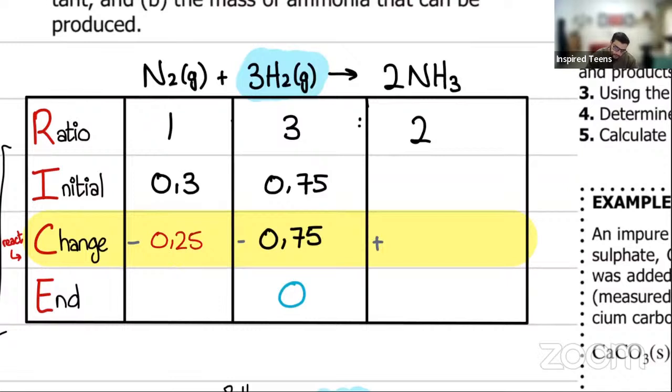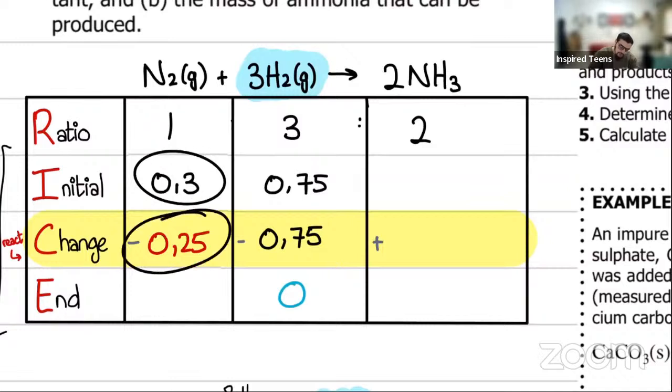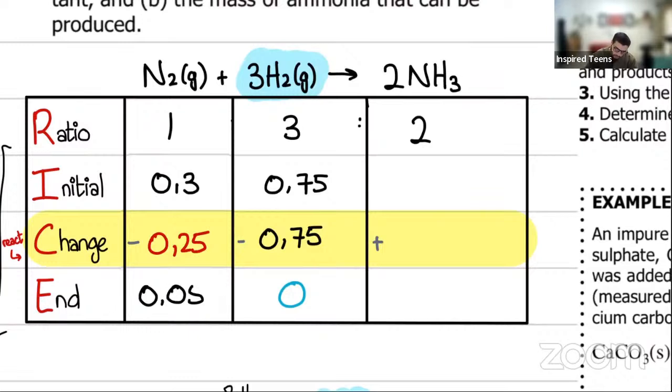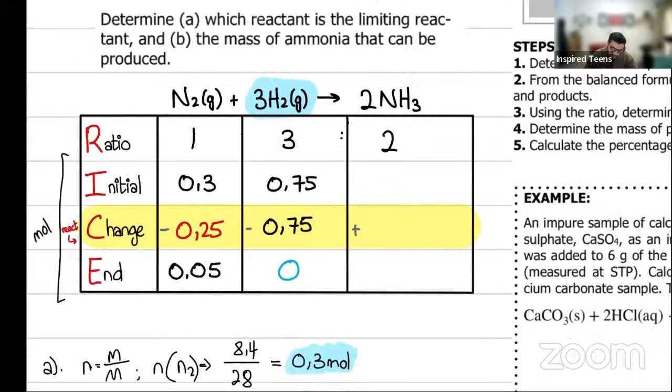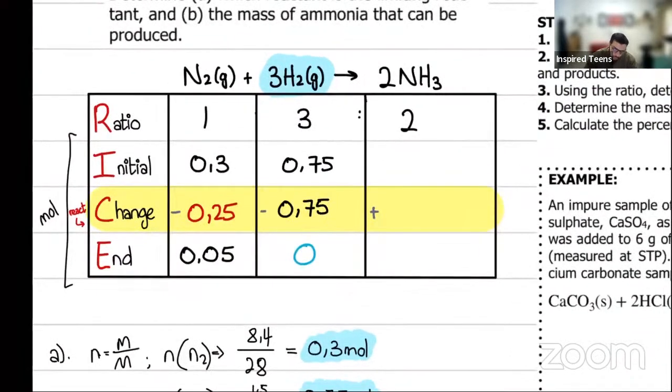Now, if I look at it, my initial is bigger than my change, which makes sense. I can start off with 0.3, use up 0.25, and then I'll be left with 0.05 at the end. Here they could even ask what is the moles or the mass of the limiting reagent. In this case specifically, we have now determined the limiting reagent.